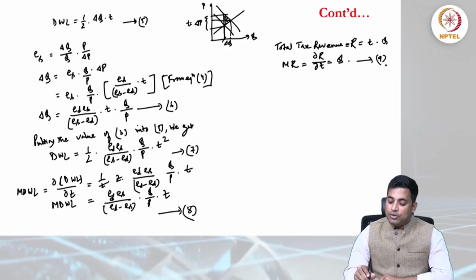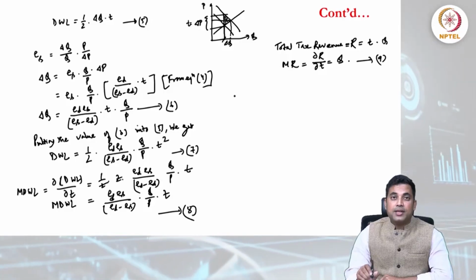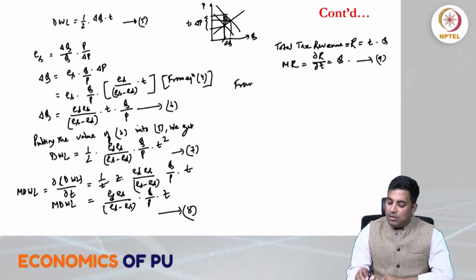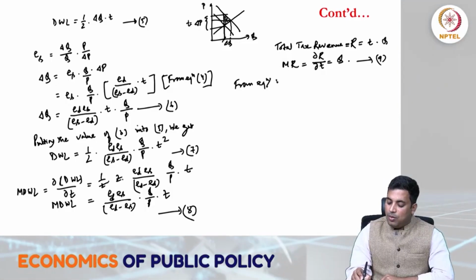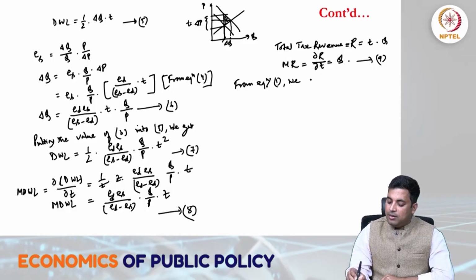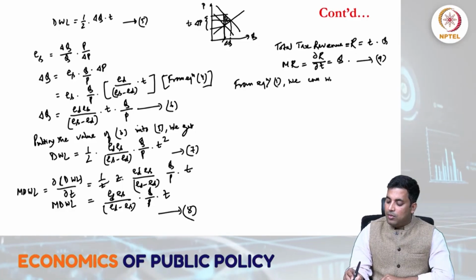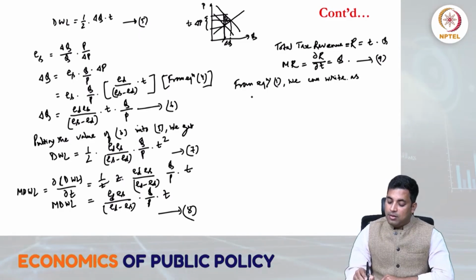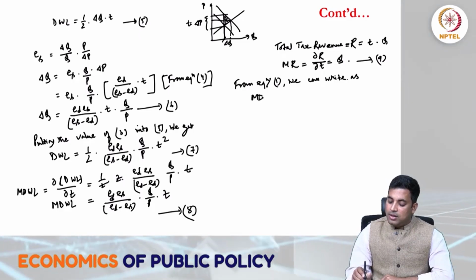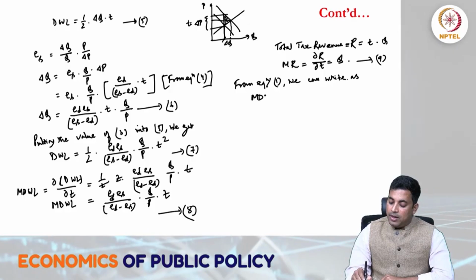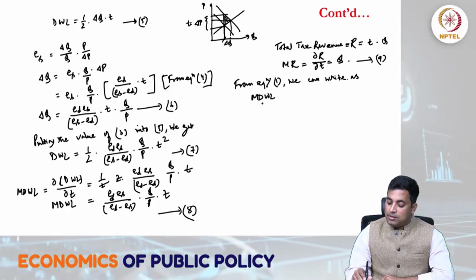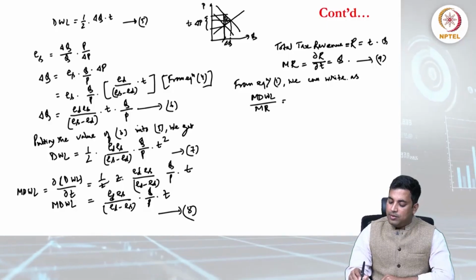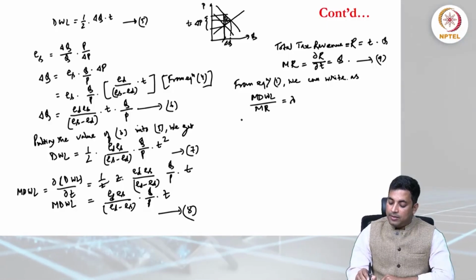We can give this as equation 9. So from equation 1, we can write that marginal deadweight loss over marginal revenue is equal to lambda, this ratio.